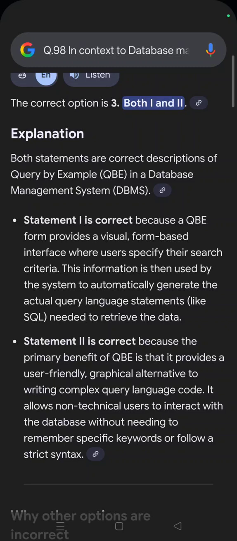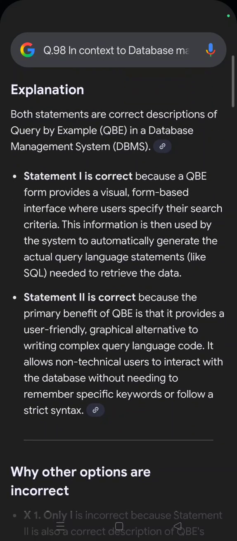Statement 1 is correct because QBE provides a visual, form-based interface where users specify their search criteria. This information is then used by the system to automatically generate the actual query, for example in a query language like SQL, to retrieve the data.